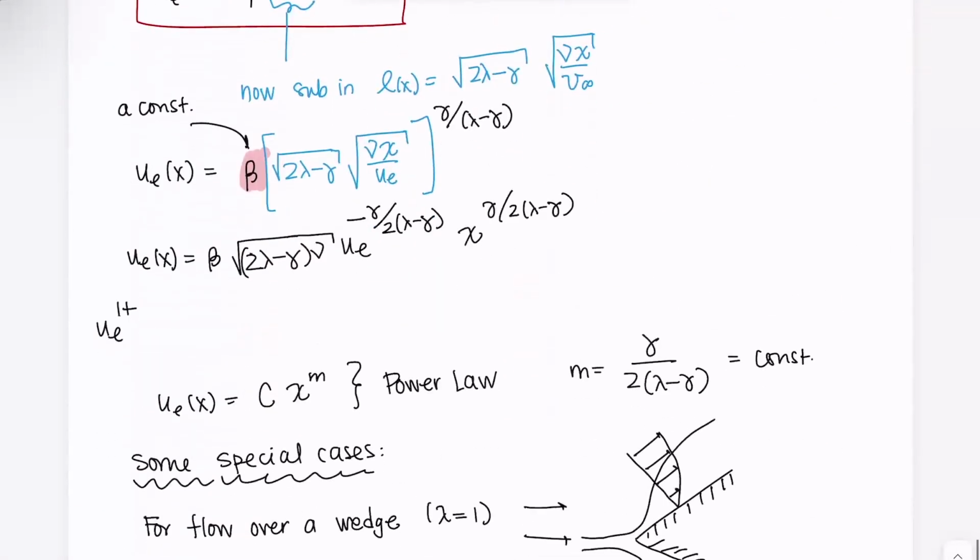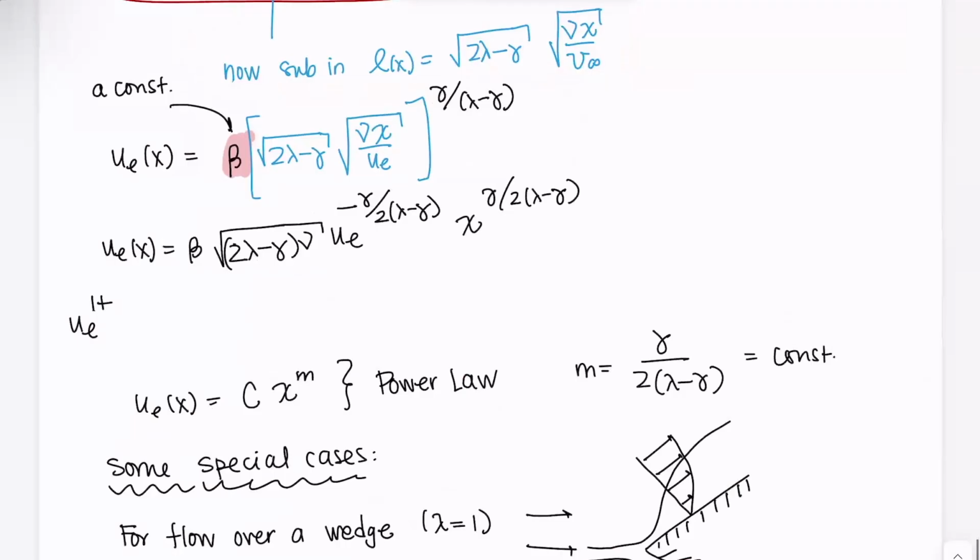So that was my bad. However, the notes were a little confusing that I was looking at. Okay. So we have 1 plus gamma over 2 times lambda minus gamma is equal to, and now this is alpha.